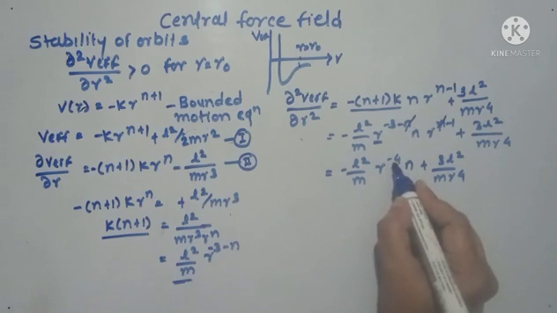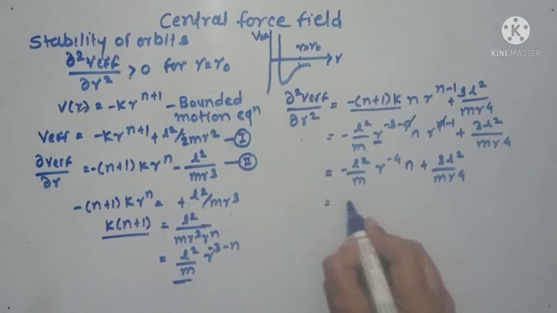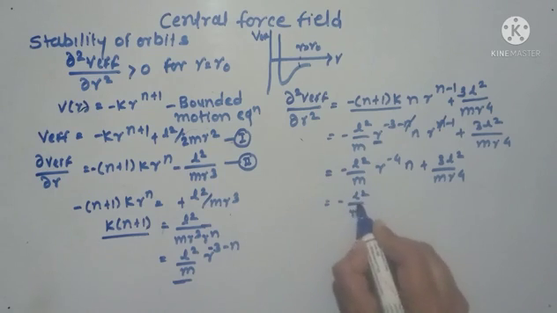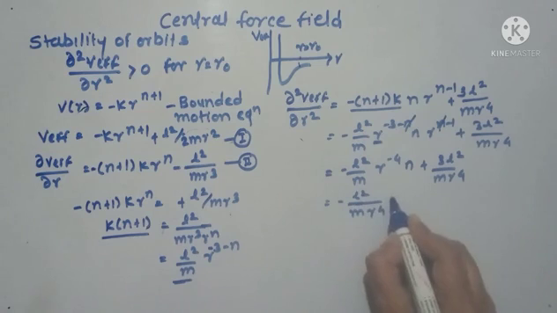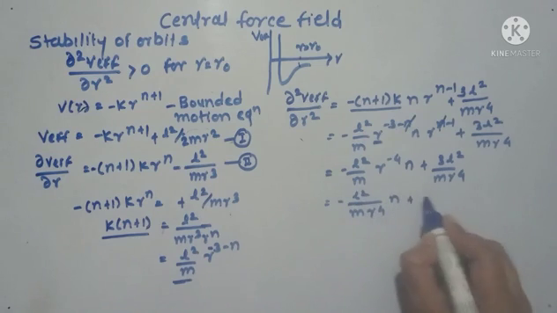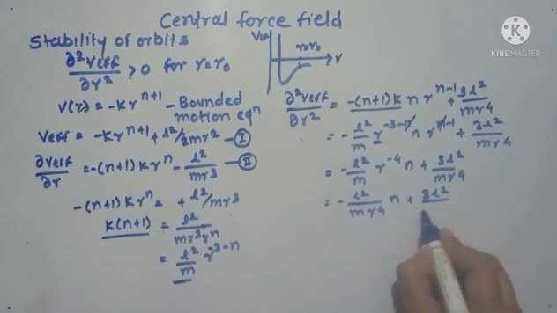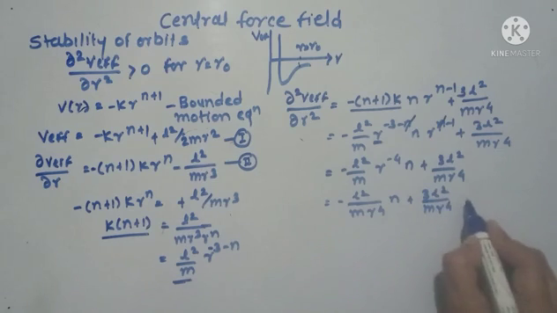Let us take r raised to 4 to the denominator. We are going to get minus n L square upon m r raised to 4 plus 3 L square upon m r raised to 4.